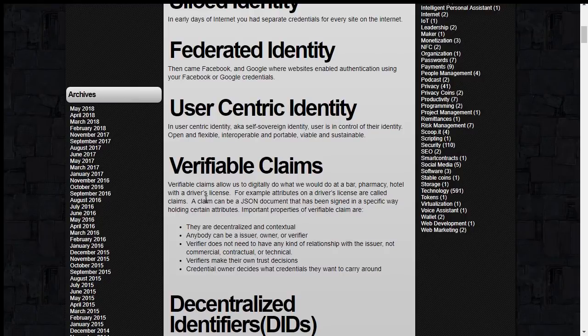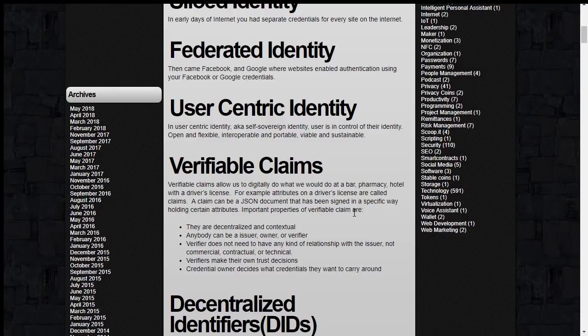And some of the key properties of a verifiable claim are that they are decentralized and contextual. Anybody can be an issuer, owner, or a verifier. Verifier does not need to have any kind of relationship with the issuer, not commercial, contractual, or technical. Verifiers make their own trust decisions. Credential owner decides what credentials they want to carry around.